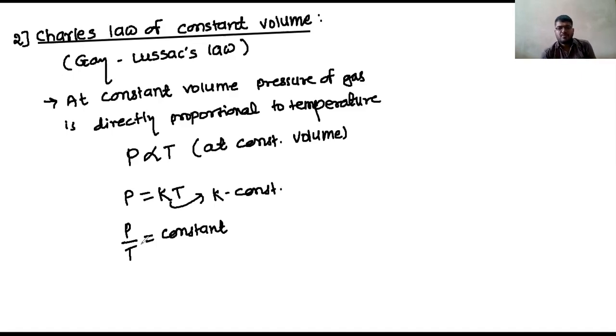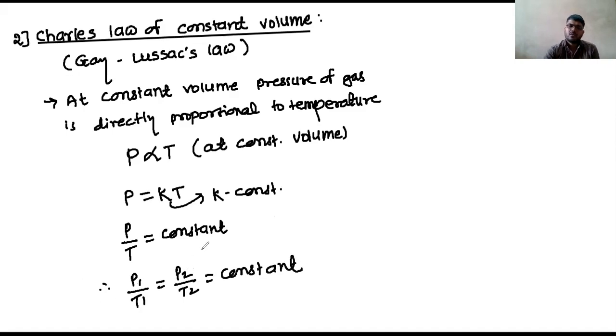So always P by T is equal to constant, and therefore P1 by T1 is equal to P2 by T2, always equal to constant according to this law. Clear? So what do we have to keep constant here? Volume. And what are the two things? Pressure and temperature are directly proportional to one another.